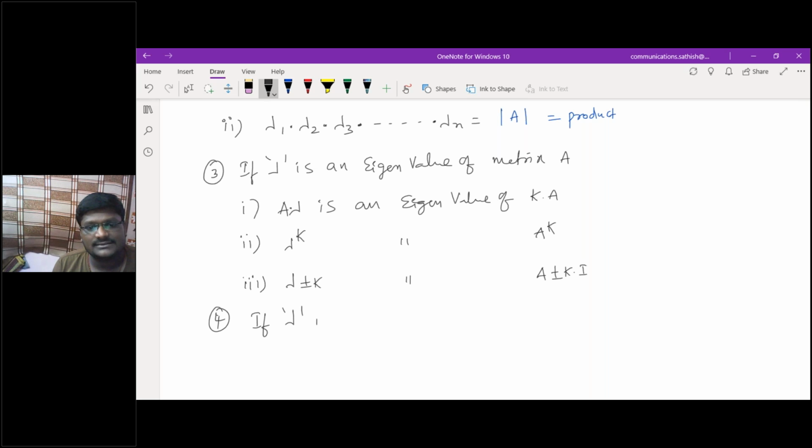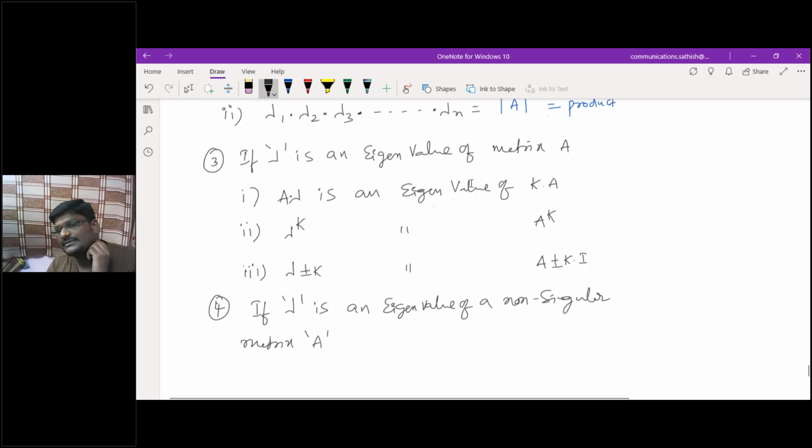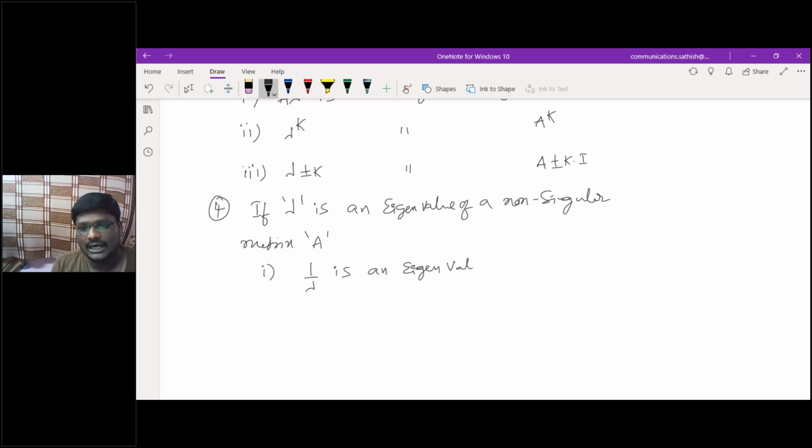Next one: if lambda is an eigenvalue of a non-singular matrix capital A, then 1 by lambda is an eigenvalue of A inverse.